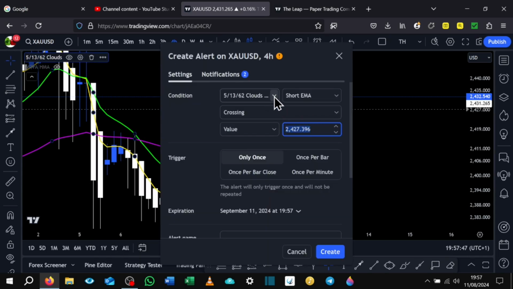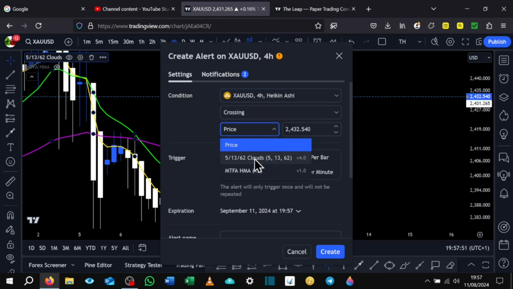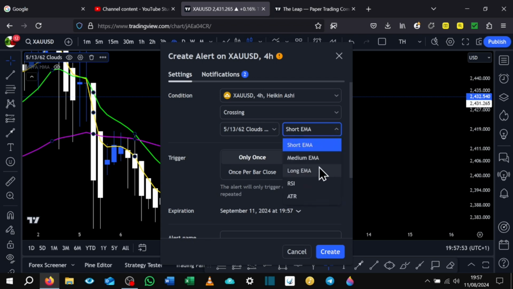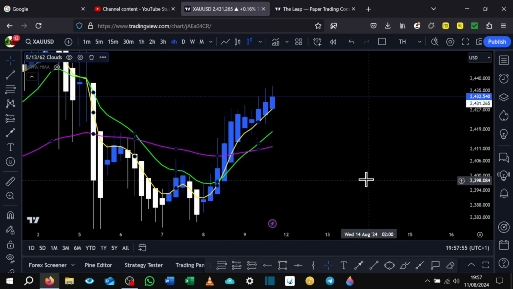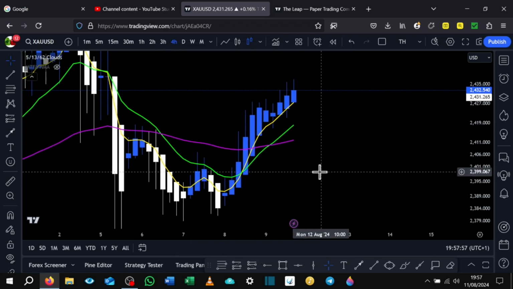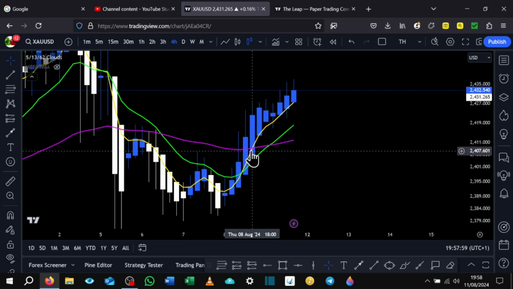So we could go when price is crossing the 62 EMA. That means that as soon as price crosses the 62 EMA, I would get the alert.